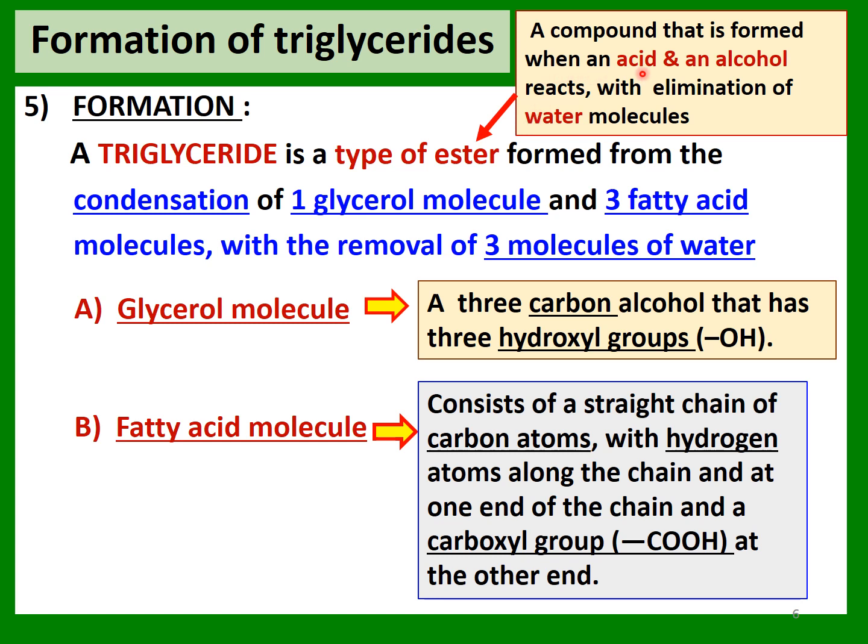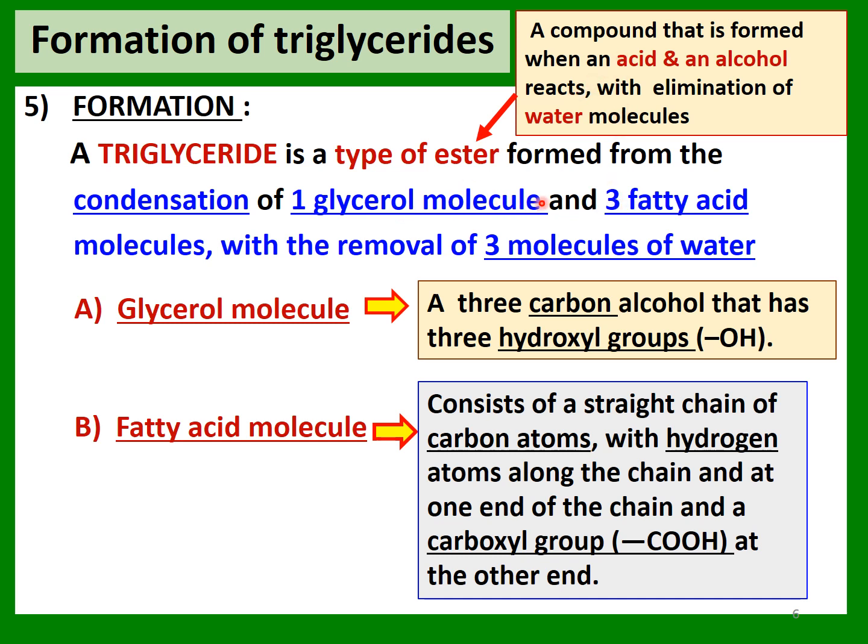Okay, first, what is the acid? The acid is the fatty acid, and it reacts with an alcohol, which is the glycerol molecule. Glycerol is an alcohol. Notice the OL at the end here, OL for alcohol. So the alcohol is the glycerol molecule and the acid is the fatty acid molecule.